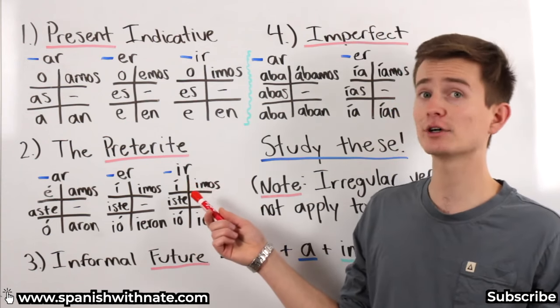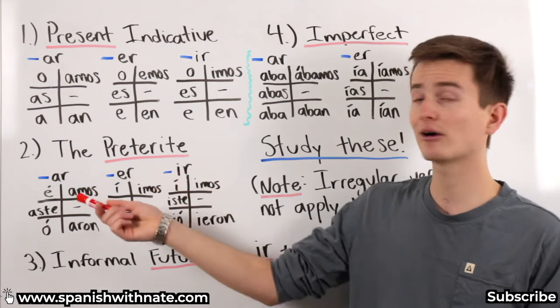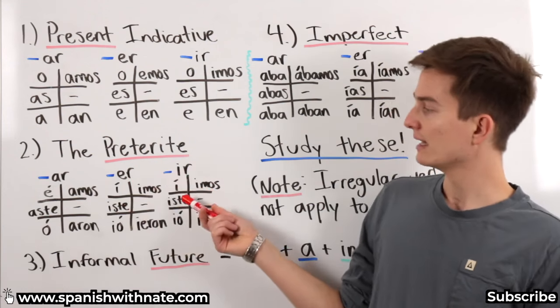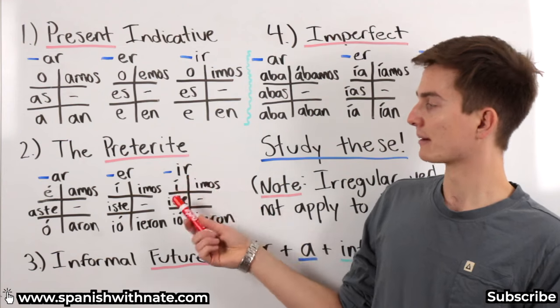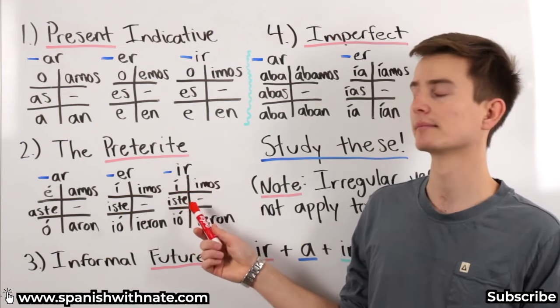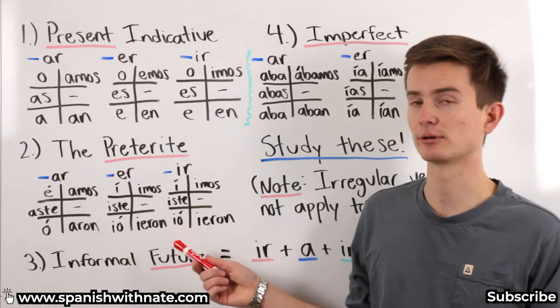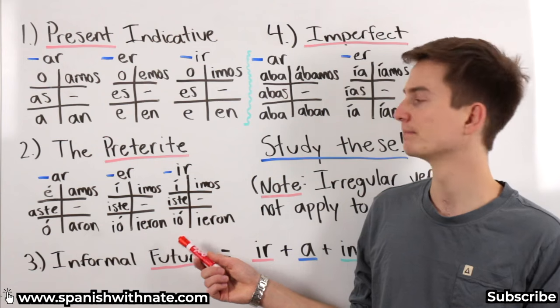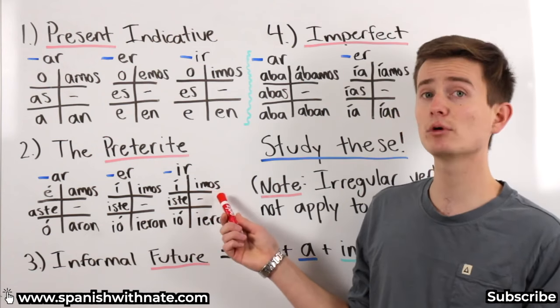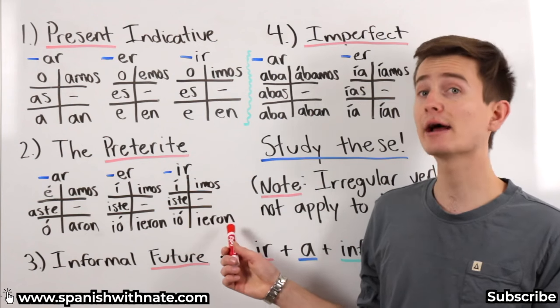Remember, IR verbs, or infinitive verbs, just end in either IR, ER, or AR. Okay, IR. Vivir. Yo viví. Tú viviste. Ella vivió, or usted vivió. Él vivió. Nosotros vivimos. Ellos, ellas, ustedes vivieron.